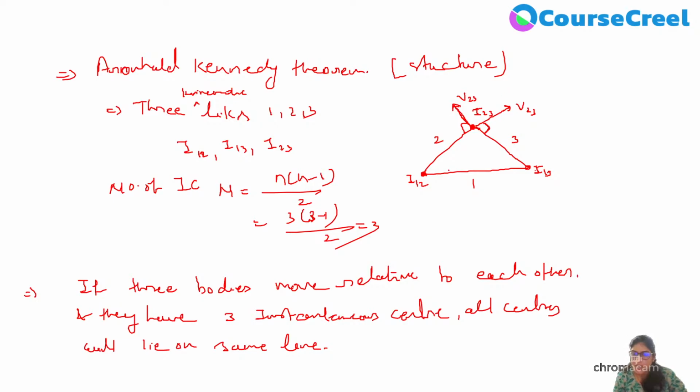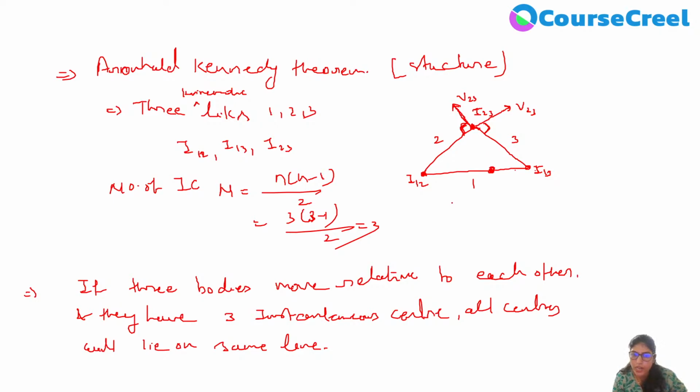Okay, and if we want this point on the same line, so in that case, these two velocity vectors cannot be perpendicular to both the lines. Okay, so if we want this velocity vector perpendicular to both the links, it is not possible if we are considering the point on the same link.